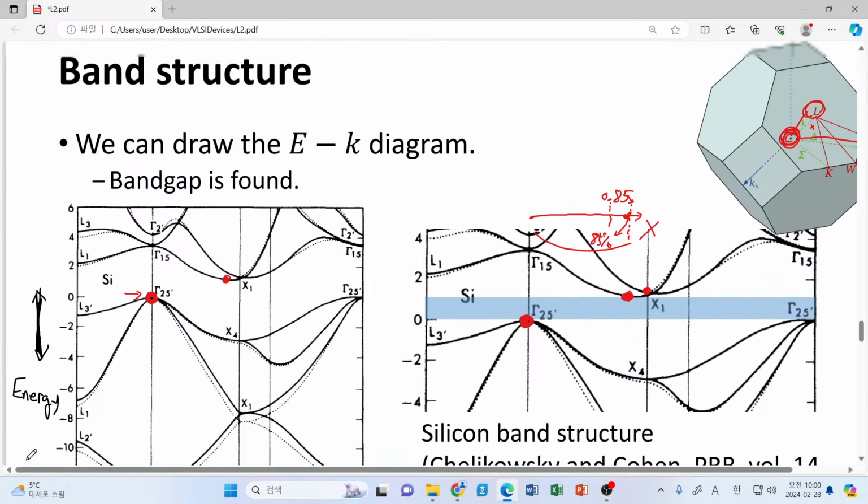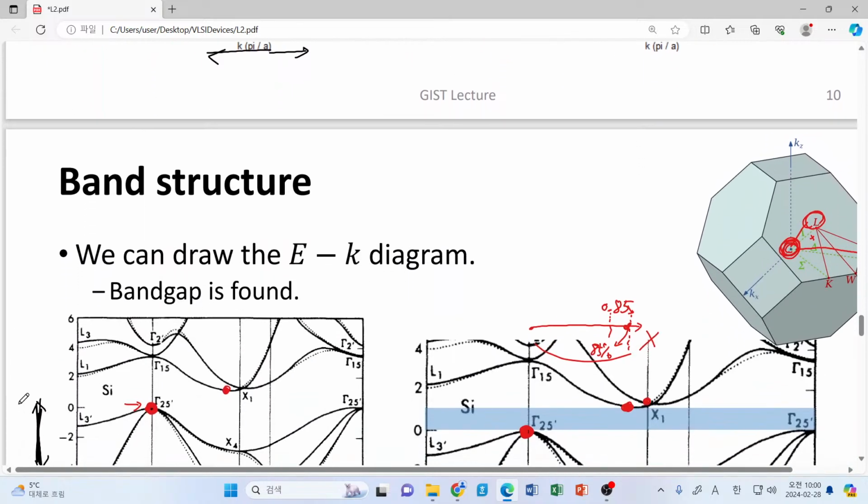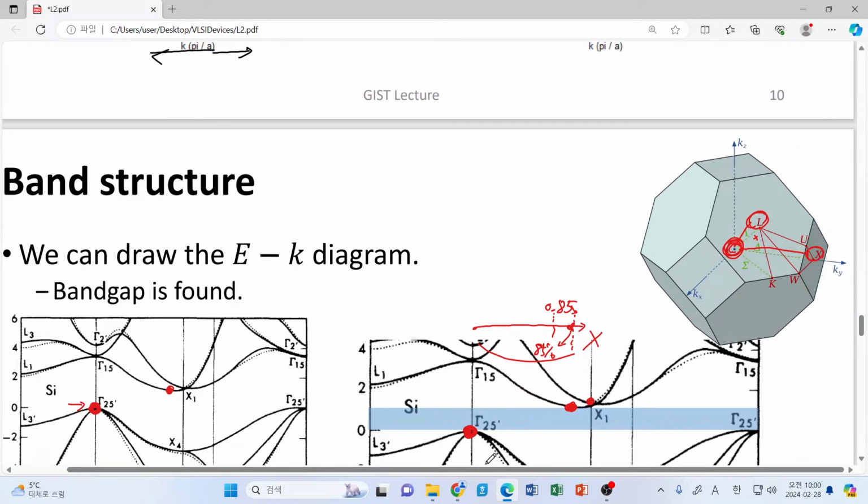But this is a little bit more complicated, so let's have a look at this one. How many X points do we have? Is there only one single X point? This is the first Brillouin zone, and we are now talking about this X point.